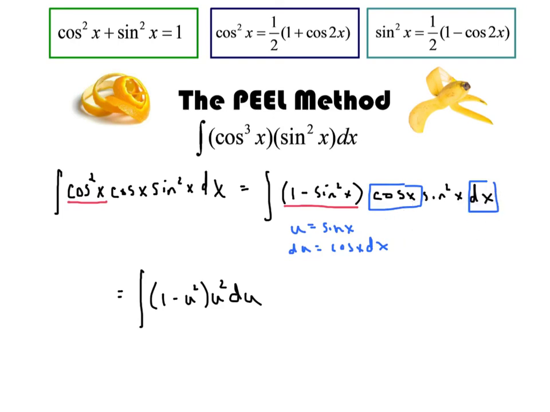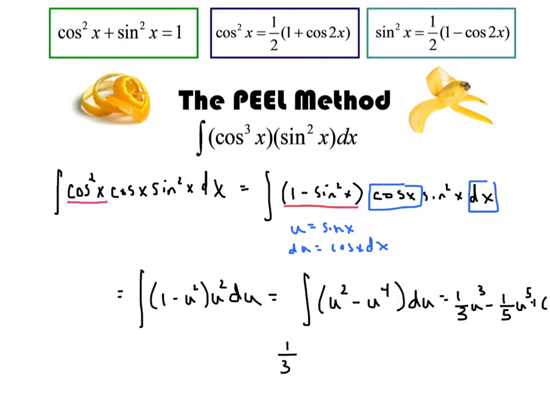Well, now I can multiply through, and I get u squared minus u to the 4th du. The antiderivative, of course, is 1/3 u cubed minus 1/5 u to the 5th plus a constant. Plug sine back in, so 1/3 sine cubed minus 1/5 sine to the 5th plus c. And there's our antiderivative.